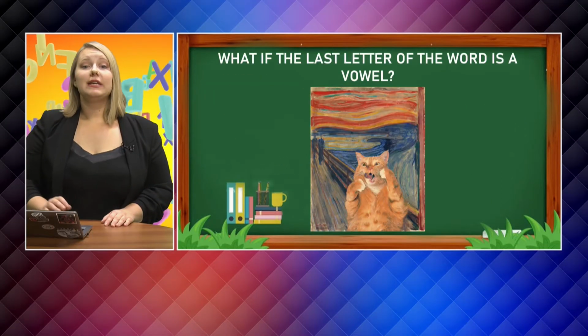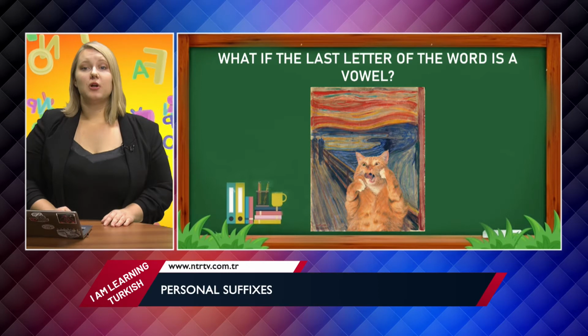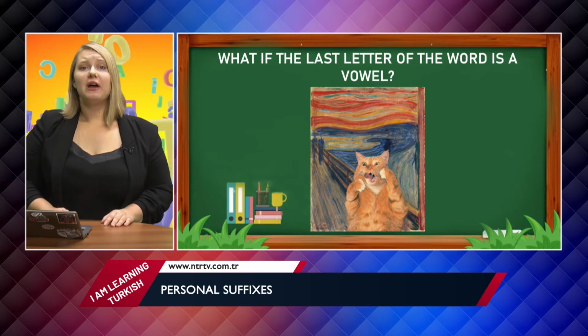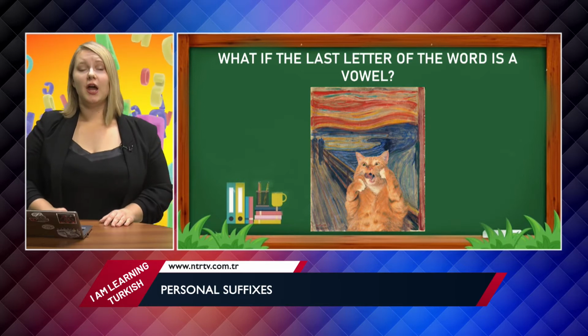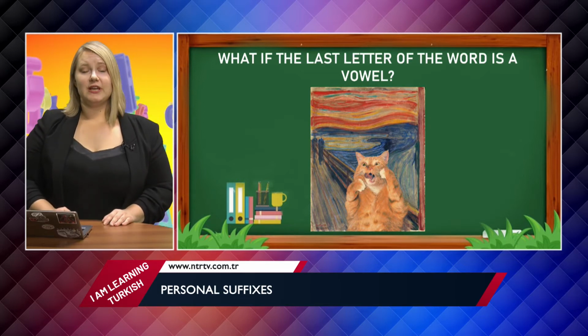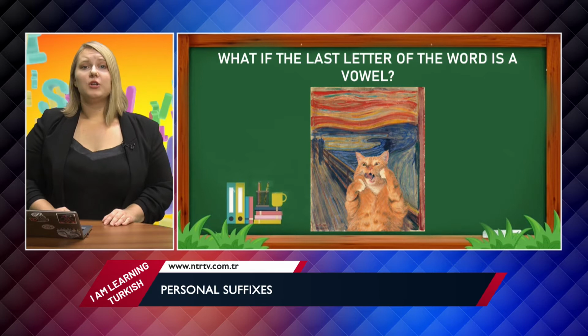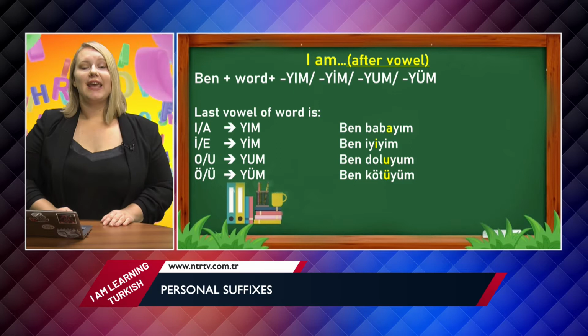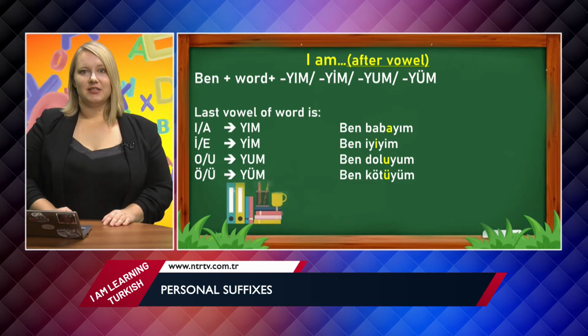But what can we do if the last letter of a word is a vowel? We remember a rule according to which we can't put two vowels in a row. What should we do? You remember, in Turkish, ye is a consonant.